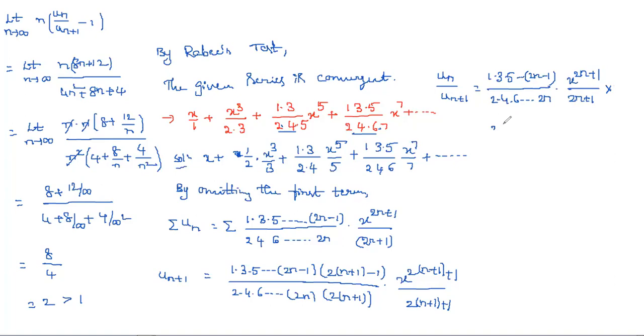So 2, 4, 6 and so on, 2n into, this is nothing but 2n plus 2 by 1, 3, 5 and so on, 2n minus 1 into, so this is nothing but 2n plus 1, right? 2n plus 2 minus 1, 2n plus 1 into. So this is simply, we'll get it as 2n plus 3 by x power 2n plus 3.